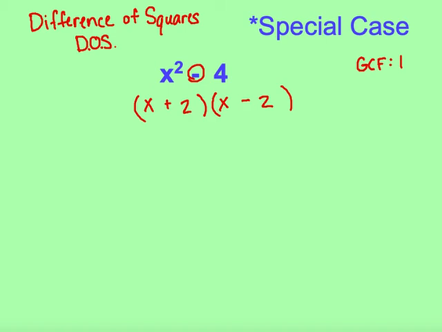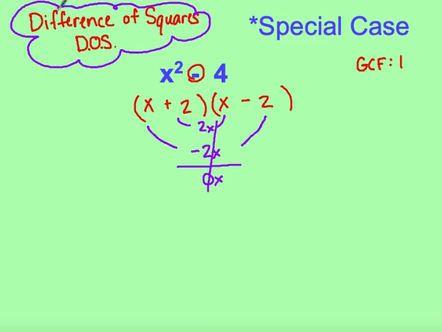Now why it ends up being just two terms is when I'm checking this, my first term gives me x squared, my last term gives me -4, but watch what happens to my outers and inners. Because they are one of each, 2x and -2x, that always cancels and I lose my center term. That's what happens with a difference of squares or a DOS.